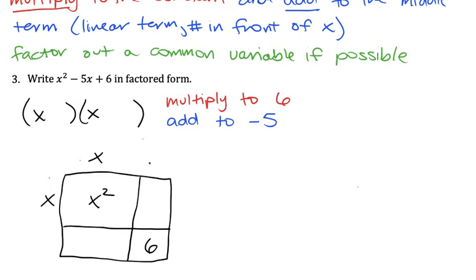Well, I know that negative 2 and negative 3 are going to add to negative 5, and I know that they're going to multiply to positive 6 because negative times negative is positive. So this would give me minus 2x, and this would give me minus 3x. And so when I add these together, I get that minus 5x. So in the parentheses, I'm going to have negative 2 and negative 3. So this would be my factored form.